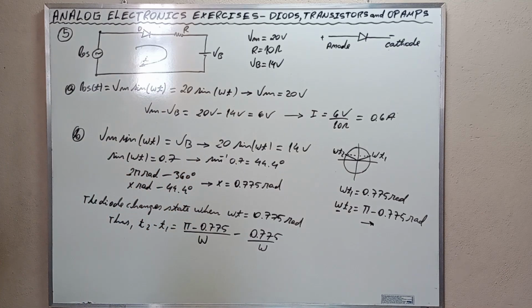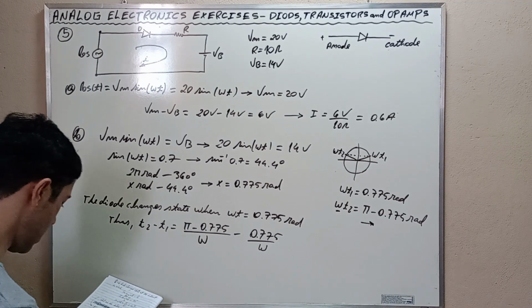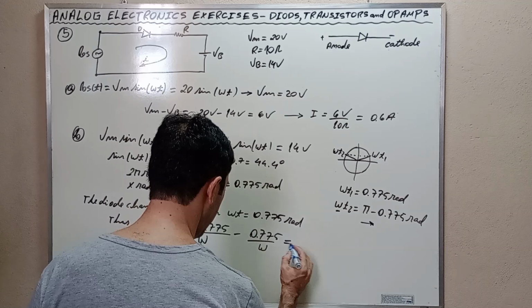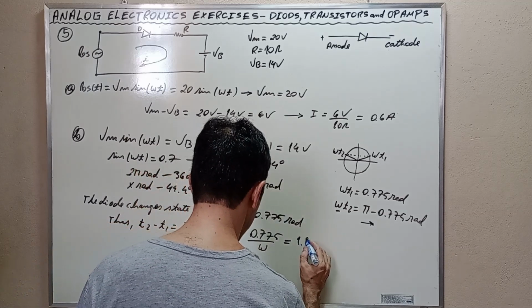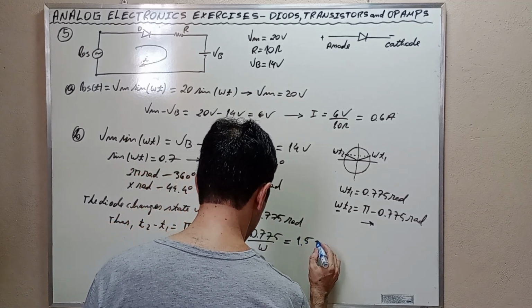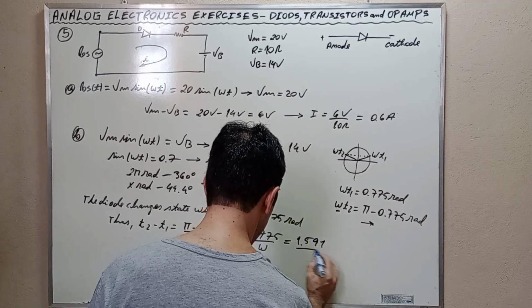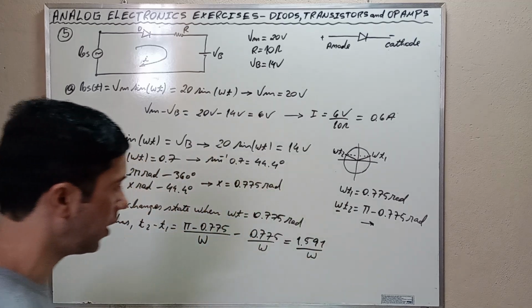And then, if we manipulate, we find that this is equal to 1.591 divided by W.